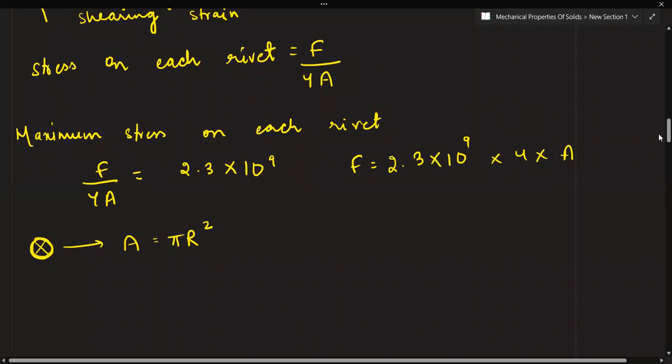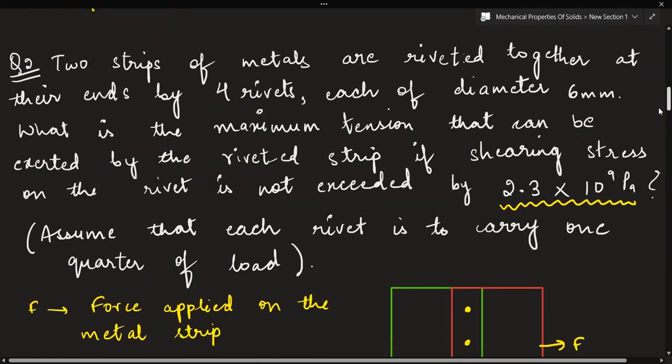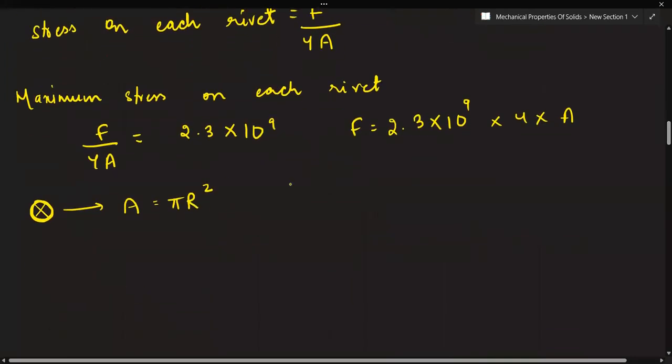Do we have the radius of each rivet with us? We have the diameter, exactly. The diameter is 6 millimeters, so the radius should be 3 millimeters.